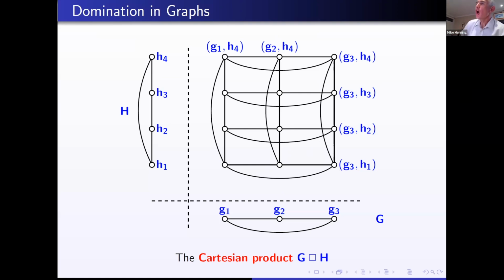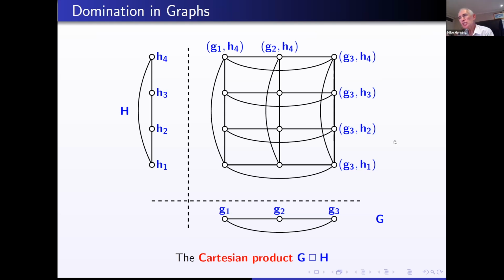So what we can argue is that if you take the Cartesian product of two complete graphs, then every fiber, let's say G, must contain a dominating vertex. Because if this didn't contain a dominating vertex, then every H fiber would contain a dominating vertex.